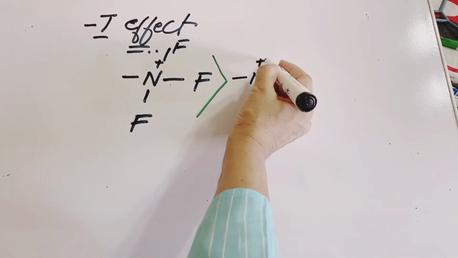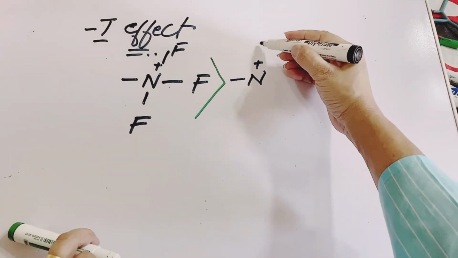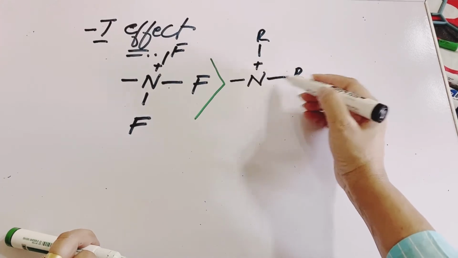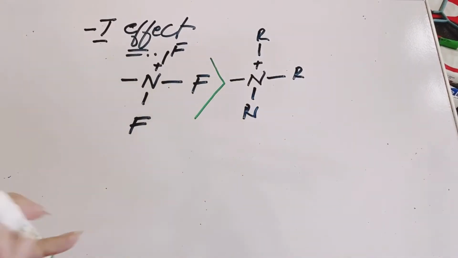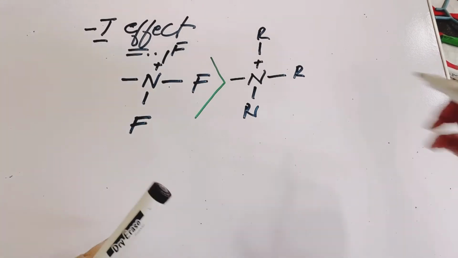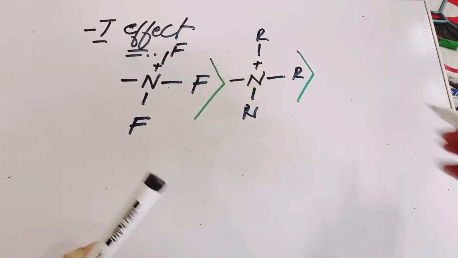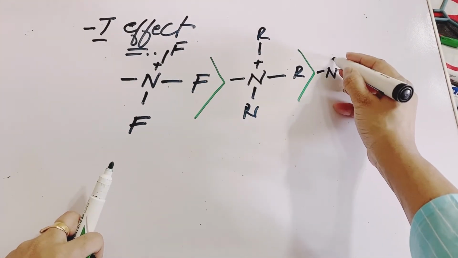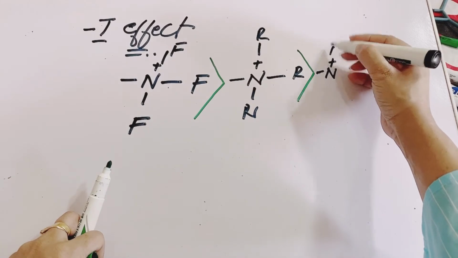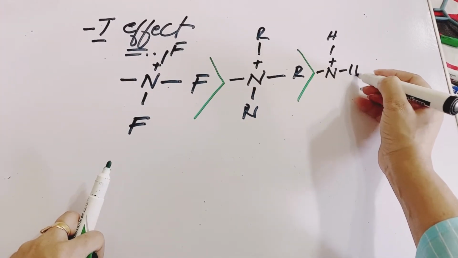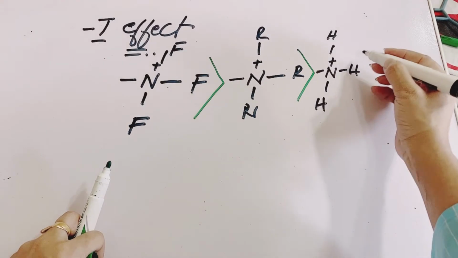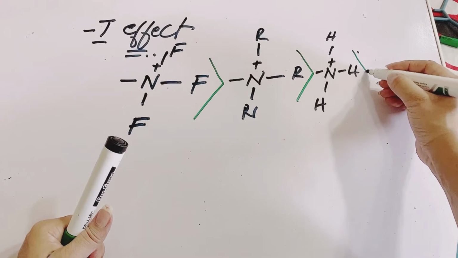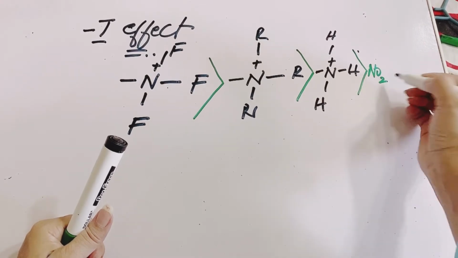And plus again with, of course, R and R and R. Okay, and then again N plus H, and H. And then comes the nitro group, NO2, right?